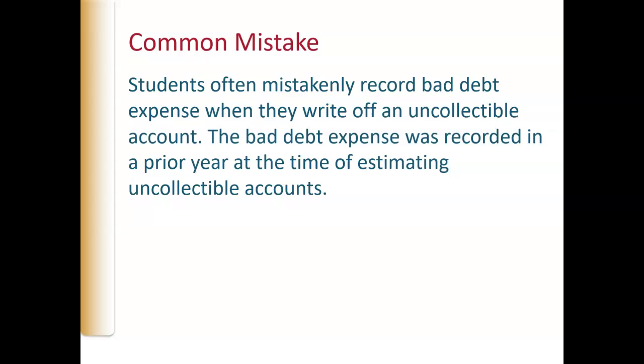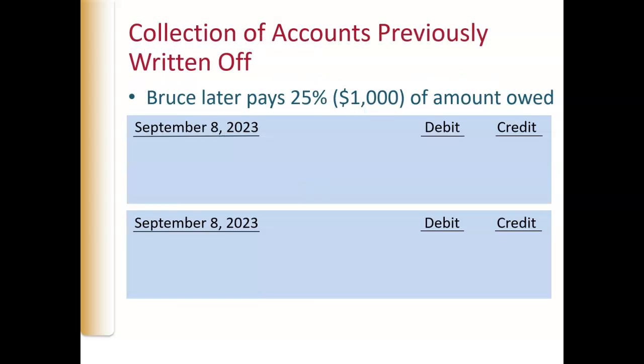Remember, when we go and write off a particular account, we do not debit bad debt expense. We did the bad debt expense in the year in which we made those revenues. Now when we write off an account, we just debit the allowance for uncollectibles and we credit the accounts receivable. If later Bruce decides to pay $1,000 of the $4,000 he owes us, we reinstate the $1,000 he is going to pay us.